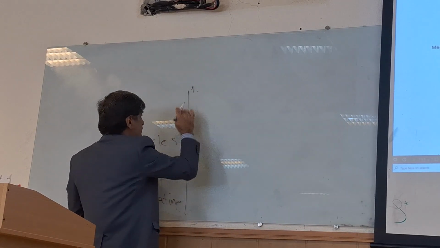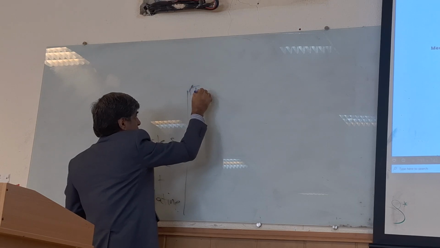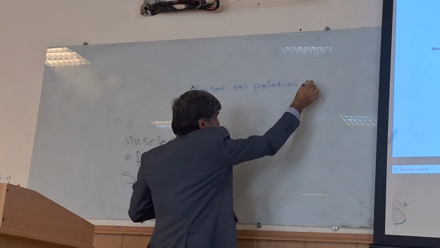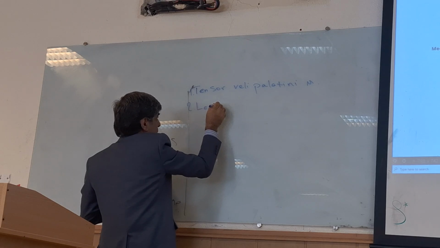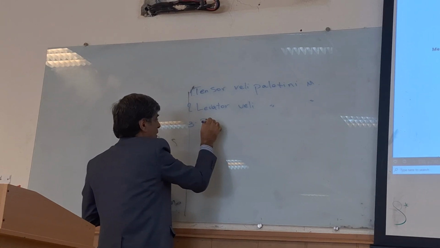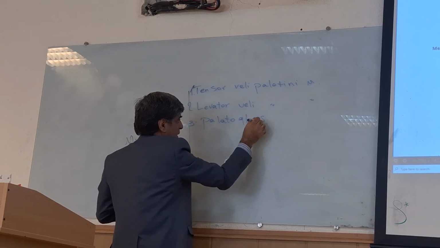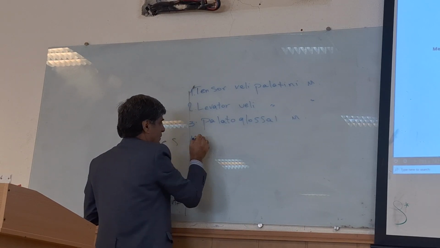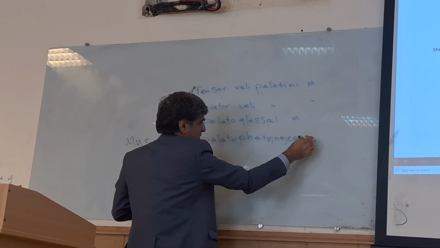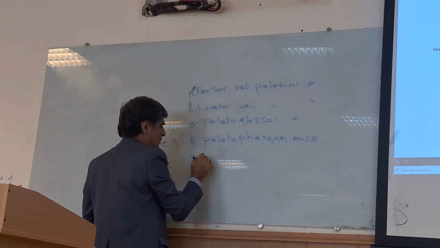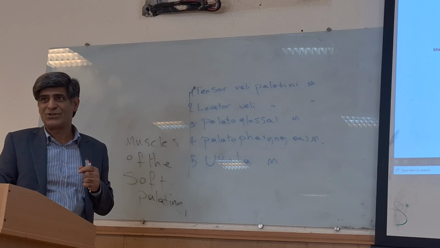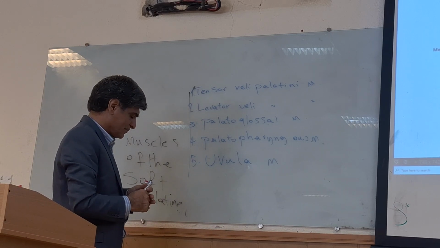One, tensor veli palatini muscle. Two, levator veli palatini muscle. Three, palatoglossus muscle. Four, palatopharyngeus muscle. Five, musculus uvulae. Five muscles. For each: origin, insertion, and action.